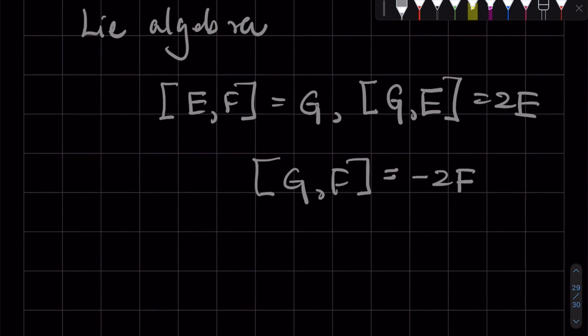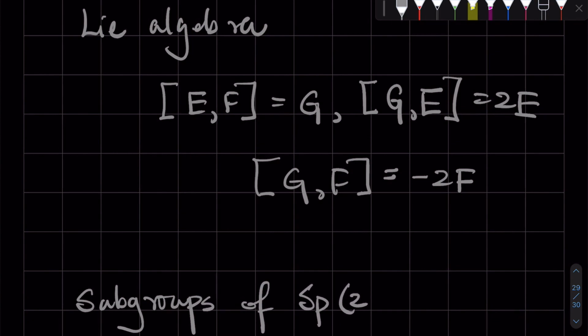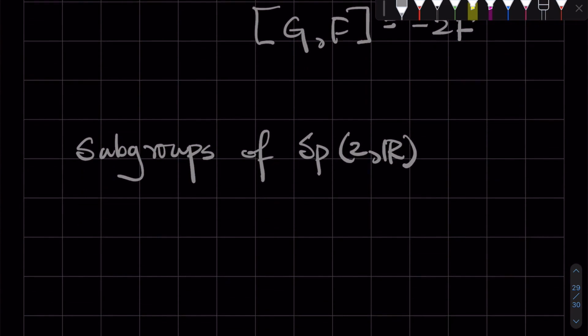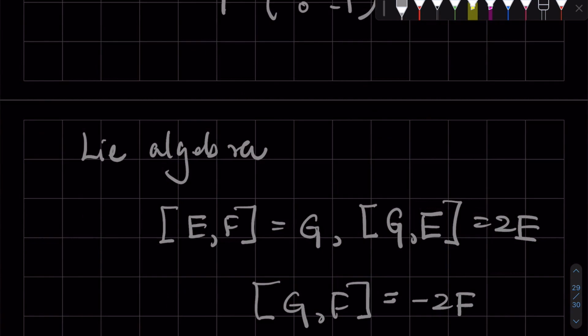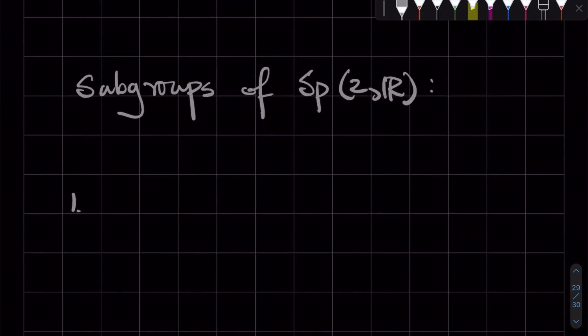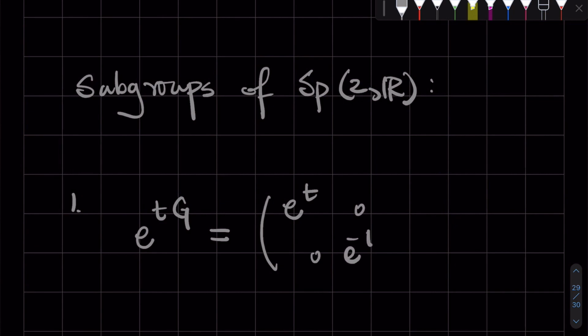Now let's look at the subgroups of Sp(2,R). An obvious subgroup is this: if I take G, remember G is a diagonal matrix. So if I keep multiplying G by itself, we keep getting a diagonal matrix. If I exponentiate G, I get [e^t, 0; 0, e^-t].